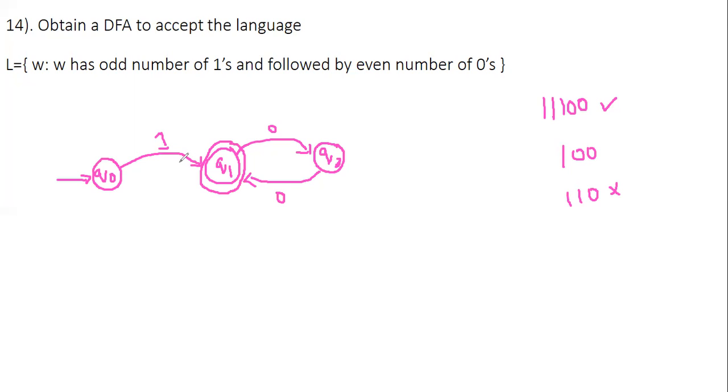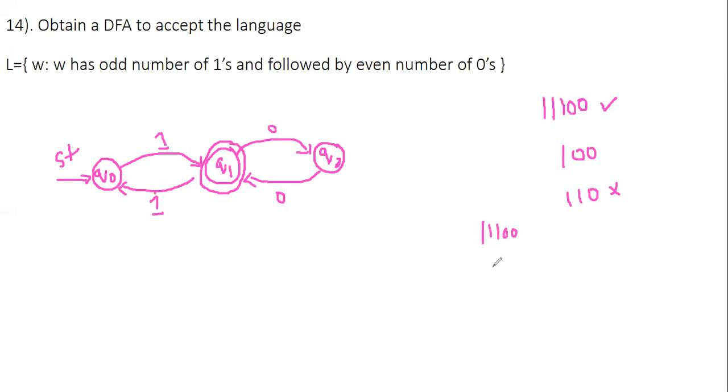What I want to make acceptable is odd number of ones: first one, second one, and third one. Then if I make the transition like this, this is the DFA which is going to accept odd number of ones followed by even number of zeros.